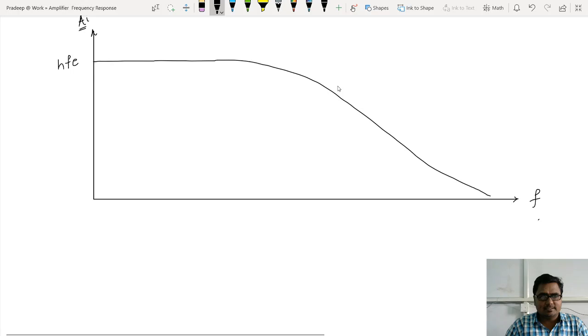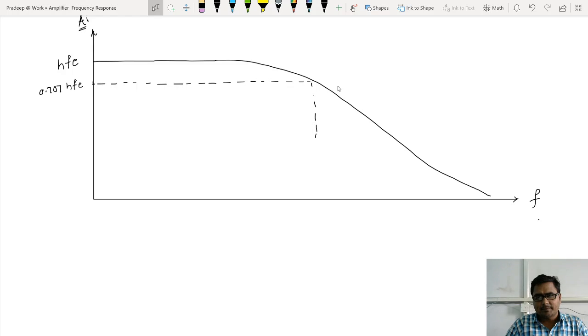So if this is HFE, then I will mark this level as 0.707 of HFE. Draw a line from that, and wherever it cuts the graph, this is your F beta. Look at the beta cutoff frequency: the frequency at which gain decreases by minus 3 dB. Yes, this part is done.